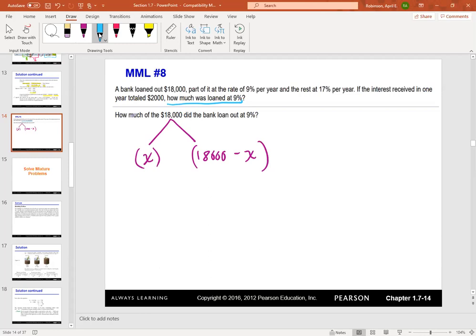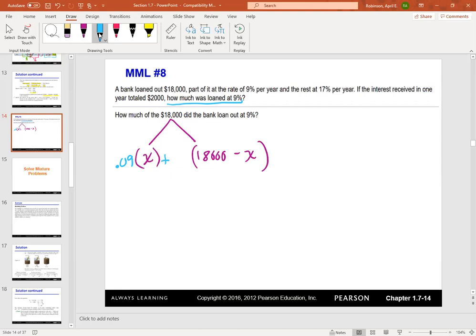So since I am solving for that one and that one only, that is what I'm going to label as my X. I'm going to put the 9%, which would be 0.09, and I'm going to multiply that times X. Remember, X is your dollar amount, 0.09 is your interest rate, time is 1 year, so I don't put the 1 year in there at all.